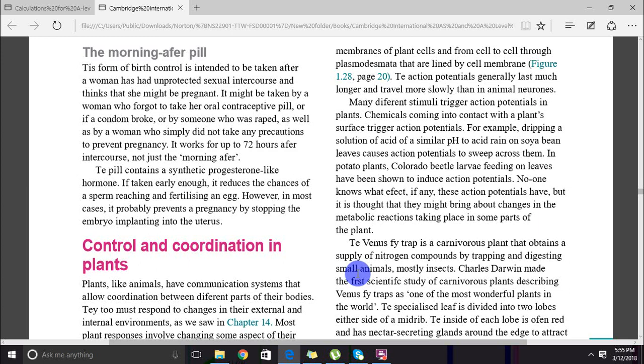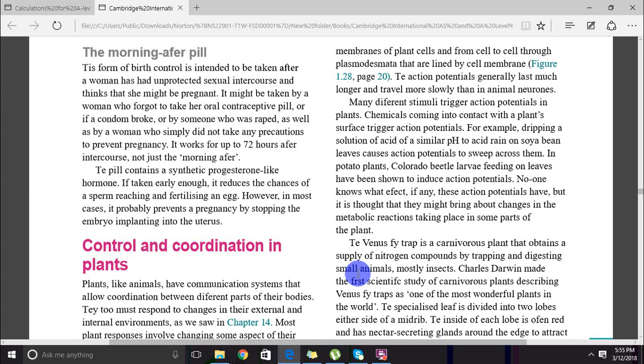We do know that in certain circumstances, action potentials are indeed triggered by external stimuli, but we aren't sure what exactly those action potentials manage to achieve. We theorize that they may alter metabolic reactions, but we are not sure. As of right now, this is merely a hypothesis. We are merely presuming.